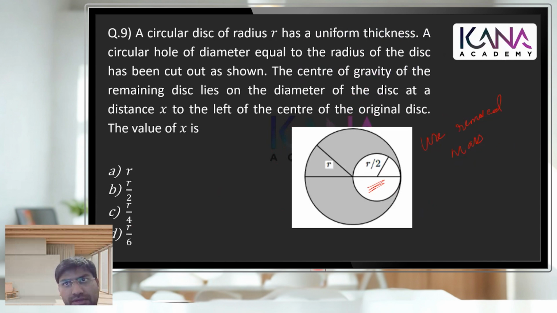So the mass of the remaining disk is pi r square minus the removed part.